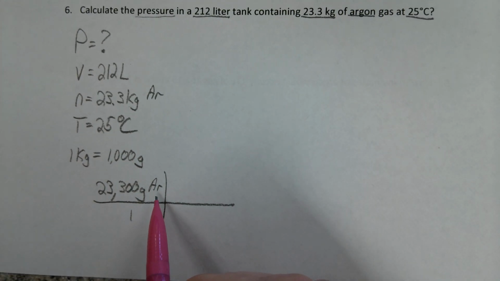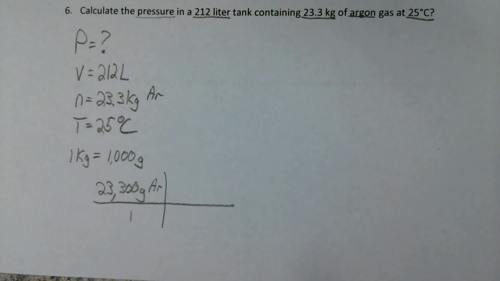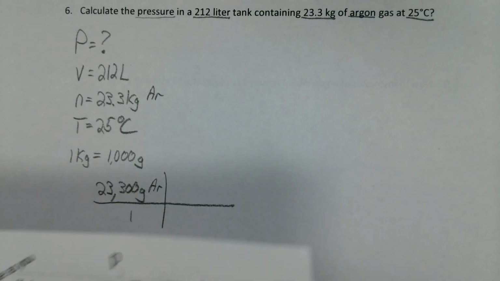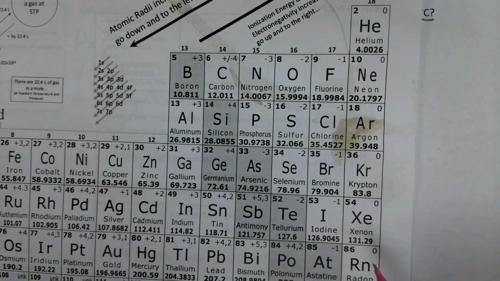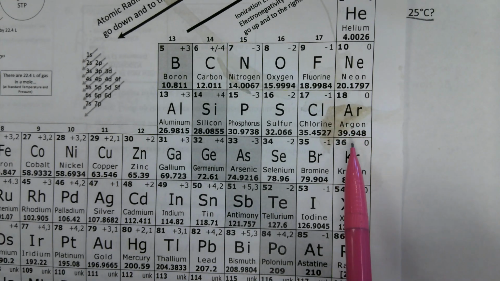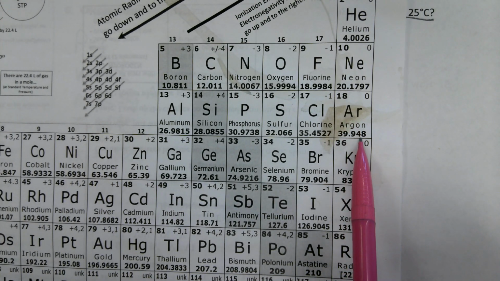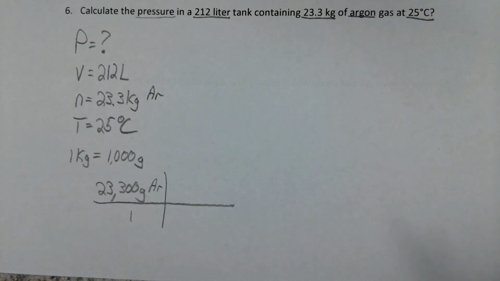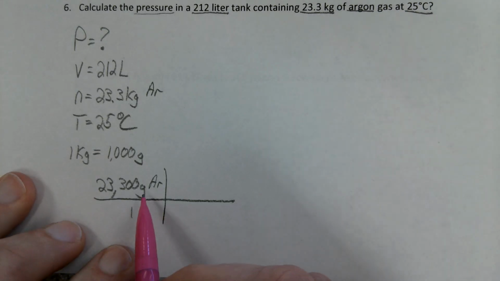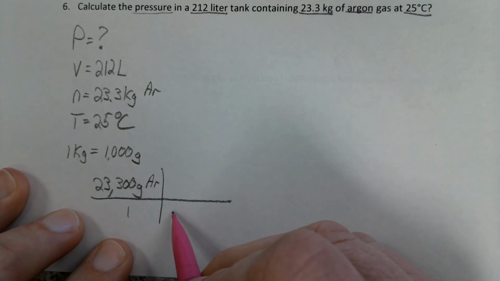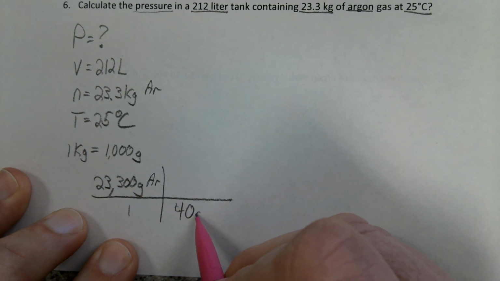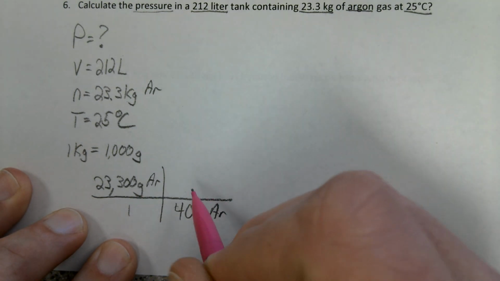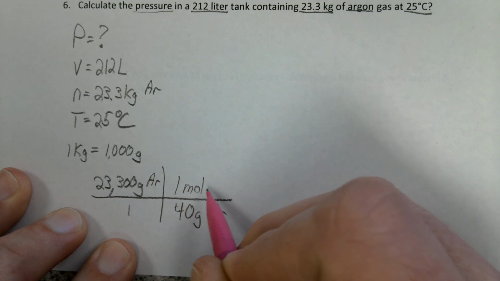We do need to find argon's molar mass. So here's my periodic table. Argon is over here on the right. Sorry, I got something on it. But argon is 39.948. We're going to round that to the nearest whole number, so argon will need to be 40 grams. And because we have grams on top here, our 40 grams will go on bottom, and 1 mole of argon on top.